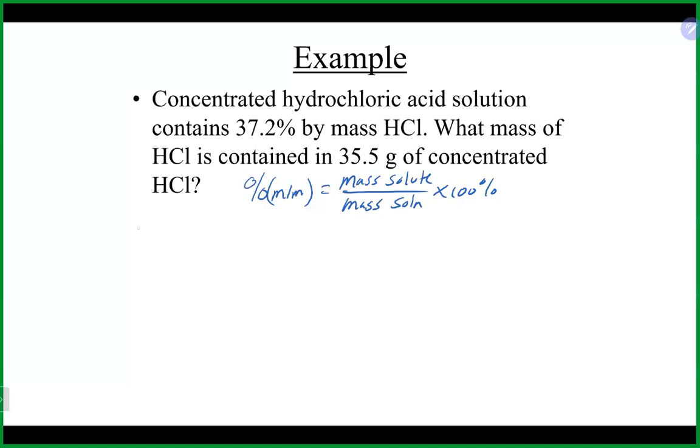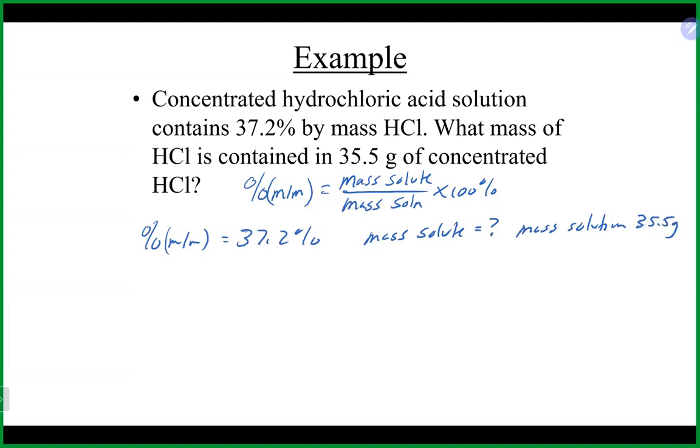So in this case, we are given the percent mass to mass, which is 37.2%. We're looking for the mass of our solute, which is the HCl. And we do have the mass of the solution, which is 35.5 grams.